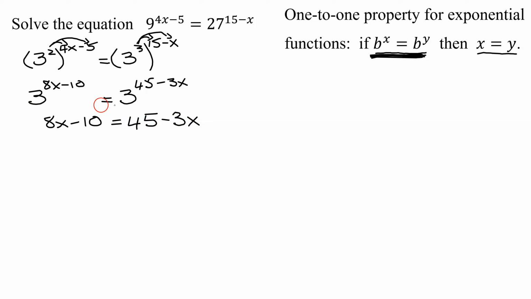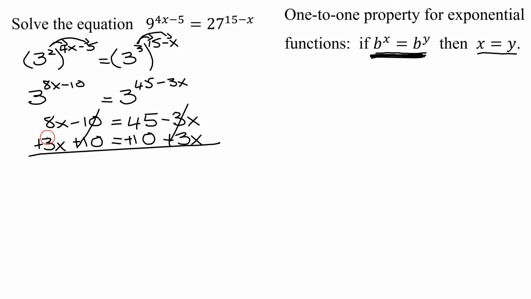So now, instead of an exponential equation, I have a simple linear equation. So we're going to solve that by adding 3x to both sides. And we're also going to add 10 to both sides.